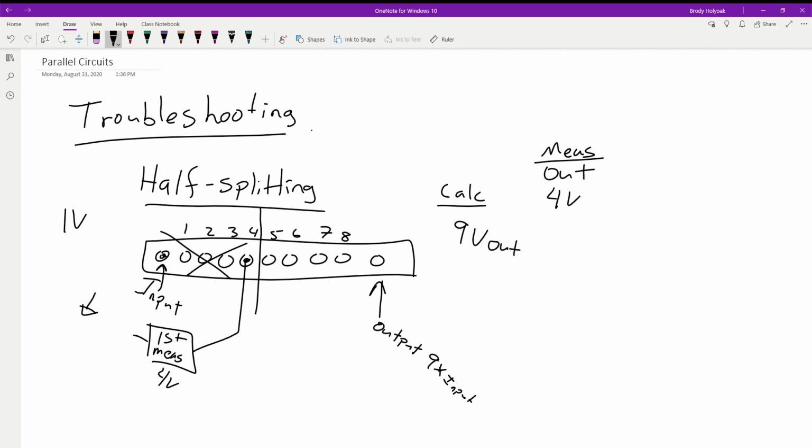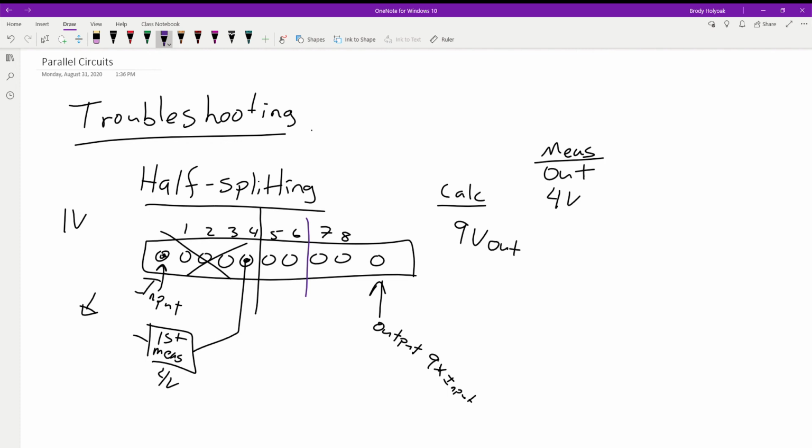So now we can go in and we can look at this one. This one would be pretty easy to take an educated guess what we're getting. Okay? So now that we've split it up our first time, we're going to split it up a second time. So every time we have options, we're going to split them in half and choose one side or the other to see if our problem is there.